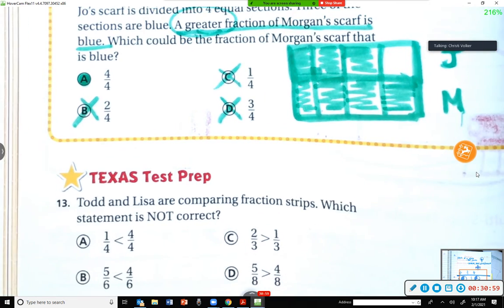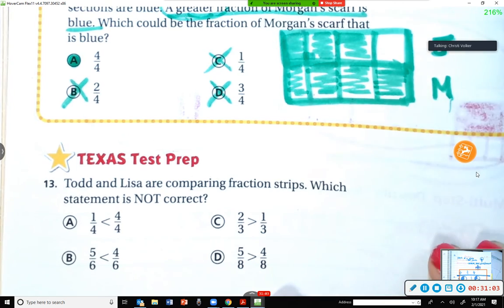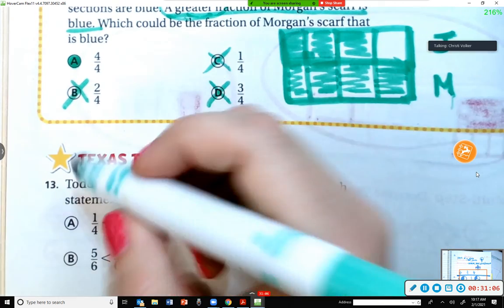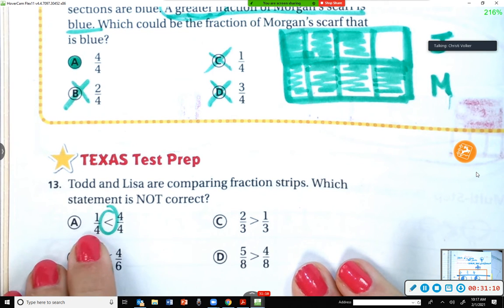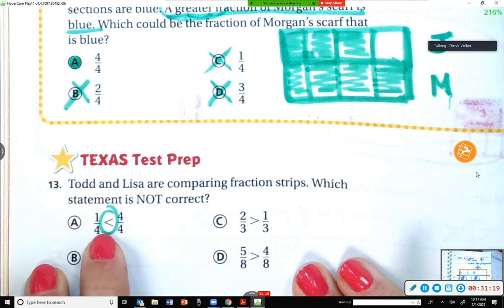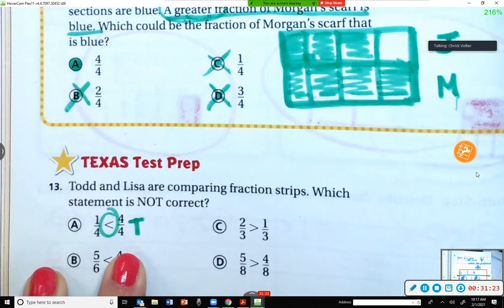Number 13, Todd and Lisa are comparing fraction strips. Which statement is not correct? Again, you have to know how to read these symbols. Okay? So how would I read this one? Good. 1/4 is less than 4/4. Is that true? Yes. So we put a T for true.